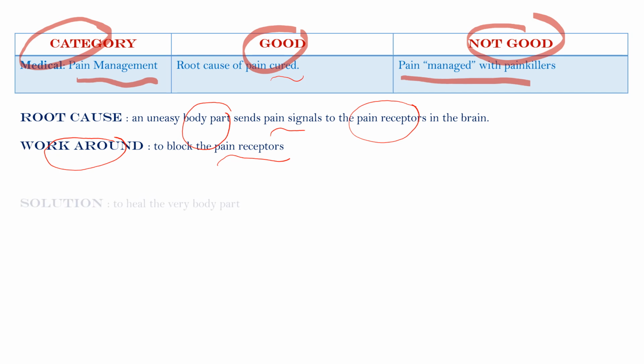So the solution must be clear by now. It is to heal the very body part, right? And we may ask ourselves at this point, why? Why don't we heal the body part directly? Why do we come up with this workaround of simply blocking the pain receptors in our brain?